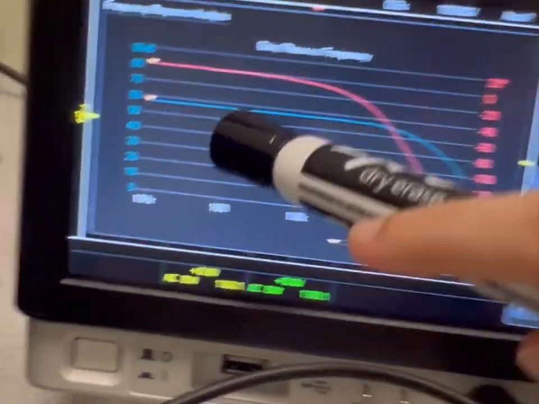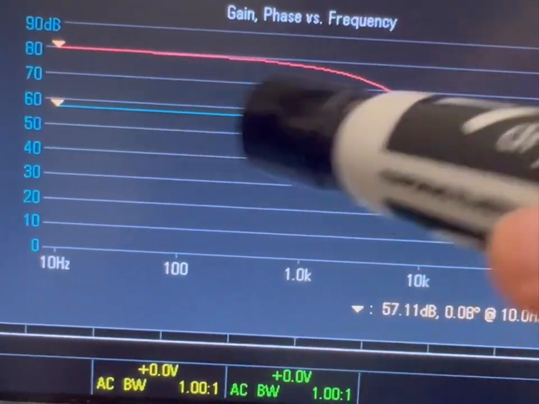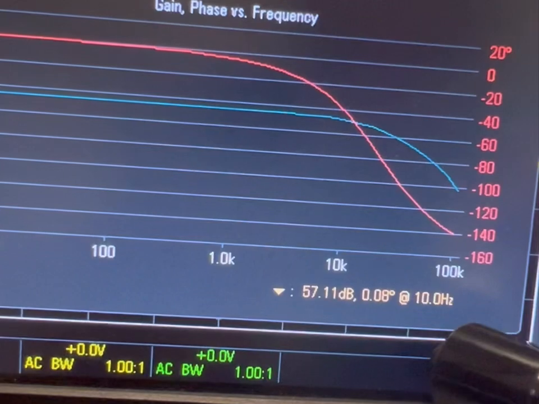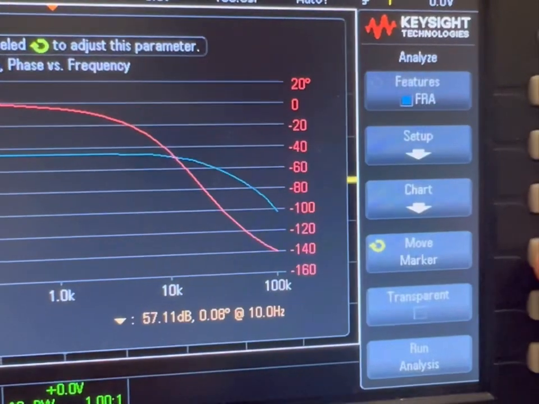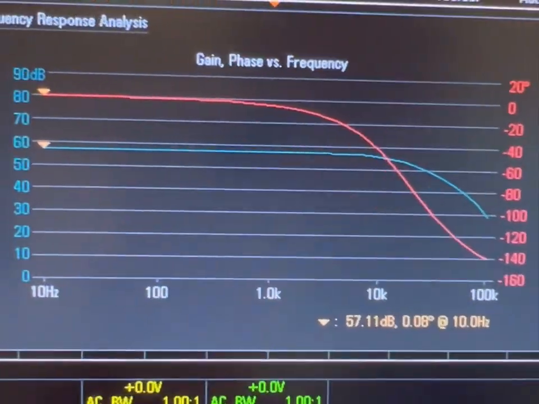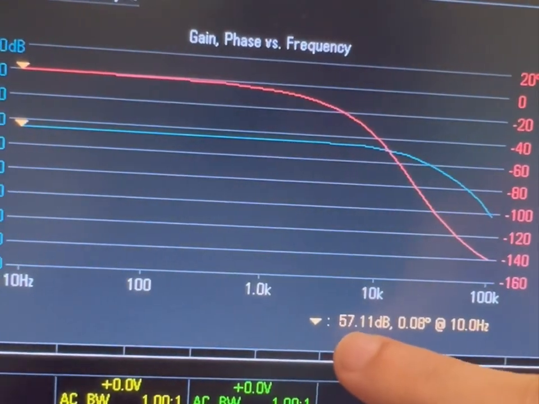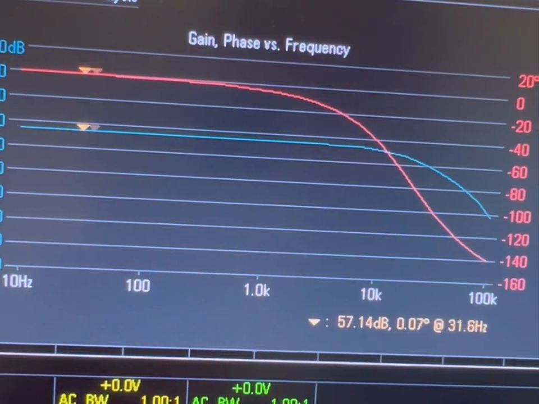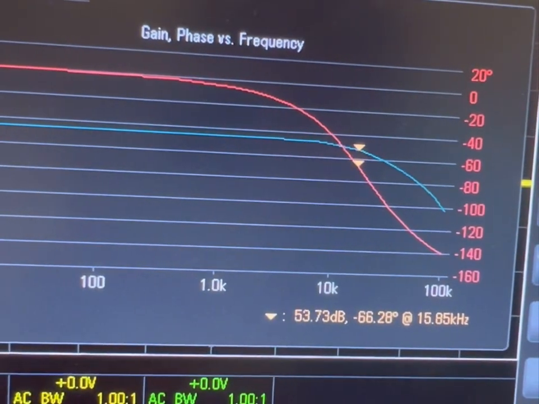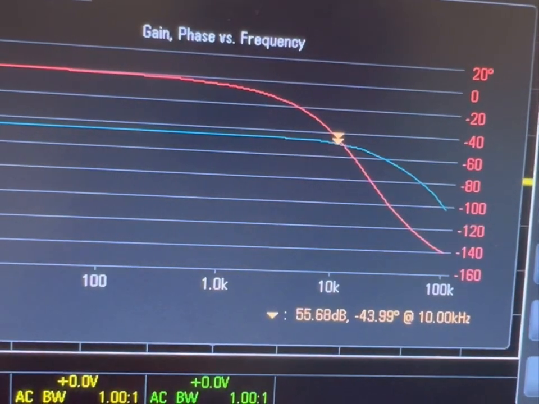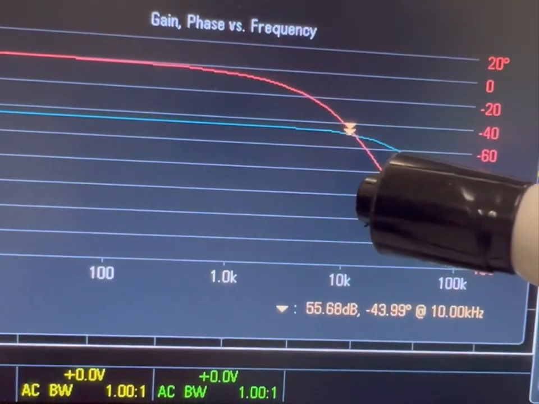So if I look at the gain for the frequency, which is 60, if I put it on the marker, and from here, which is around 60, let's say 57, if we reduce it by 3 dB, which is going to be around 54, something around here, 54, 55, this is going to be the 3 dB bandwidth that I showed you in theory.